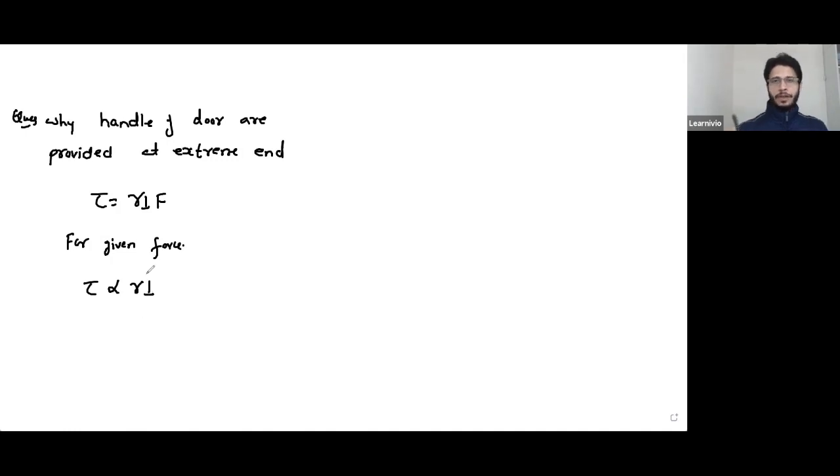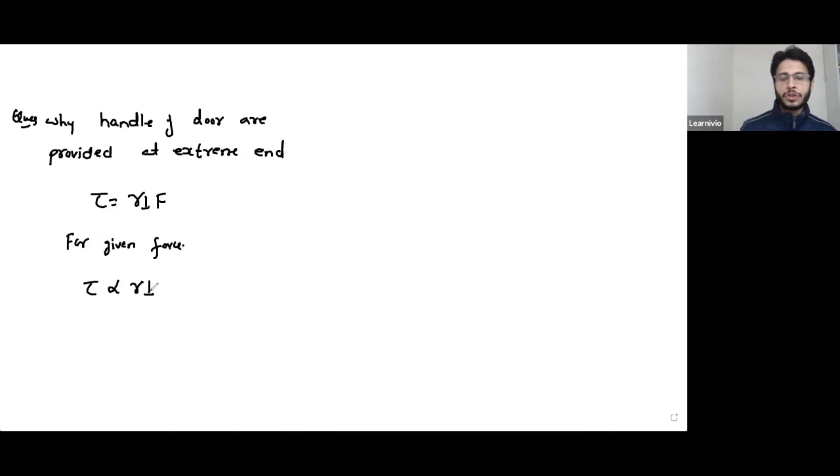When a gate rotates, this is the point at which the gate is attached to the wall, and if you push it, it rotates in this way. This is how a door works. It rotates about the axis which is passing through the wall. So if you apply handles at this extreme end, you are making R perpendicular maximum.